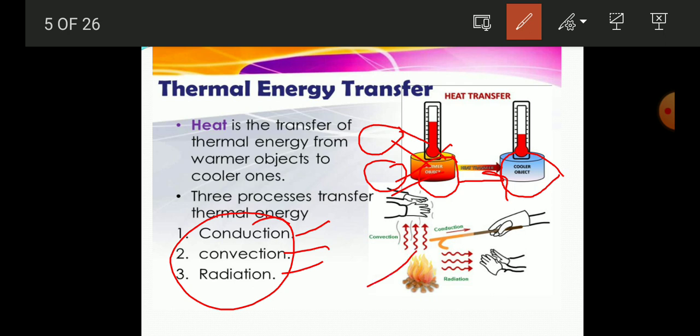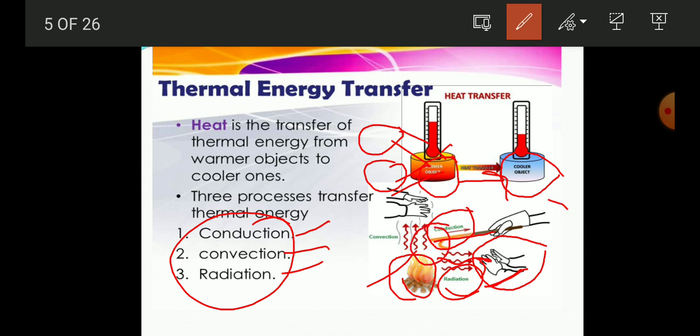As you can see in this diagram, the hotness of the fire is transferring when your hand is there. In the winter season you do this, and this heat energy is transferring. This type of transfer is known as radiation. And here, this rod takes the heat, and this heat is transferred from one end of the rod to the second end.